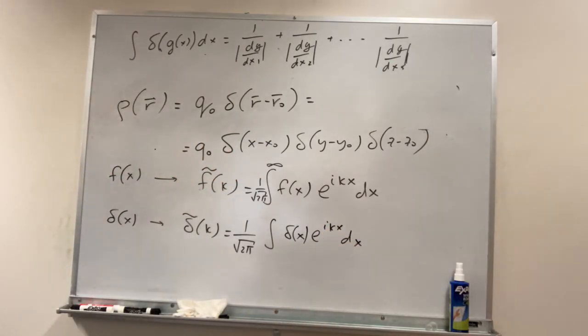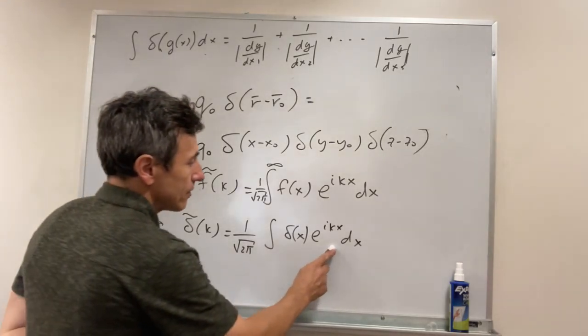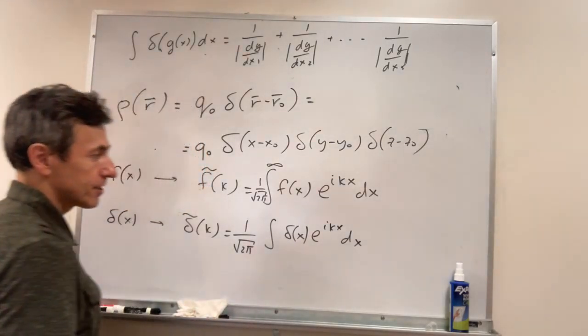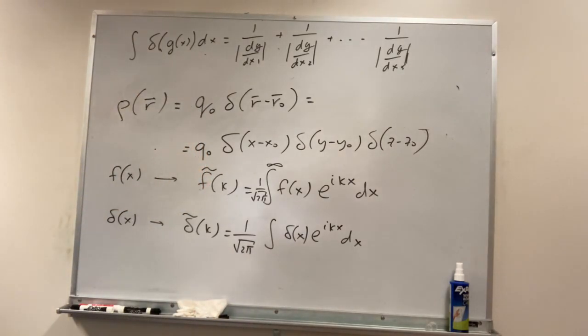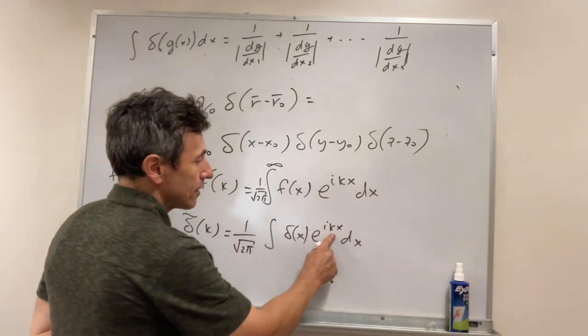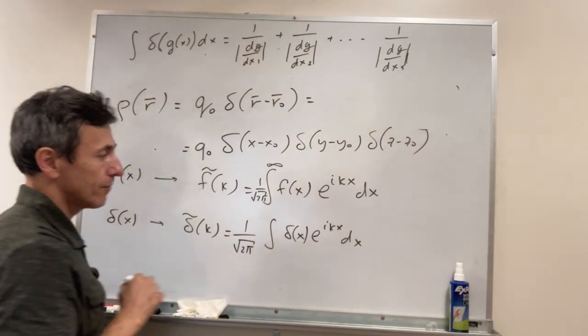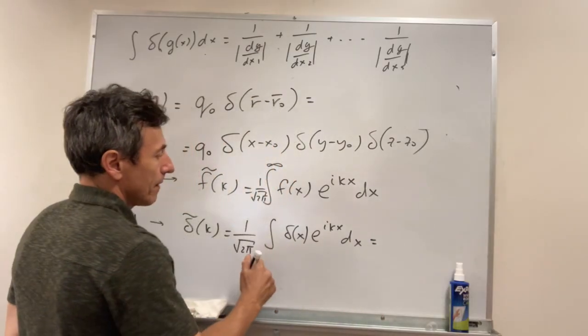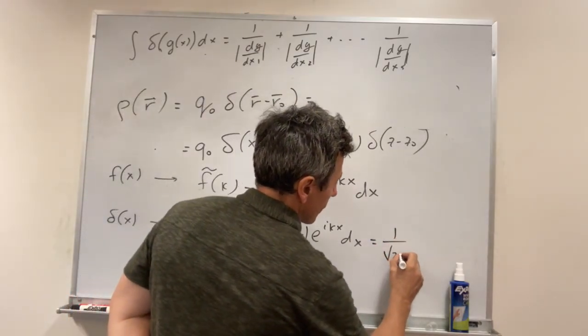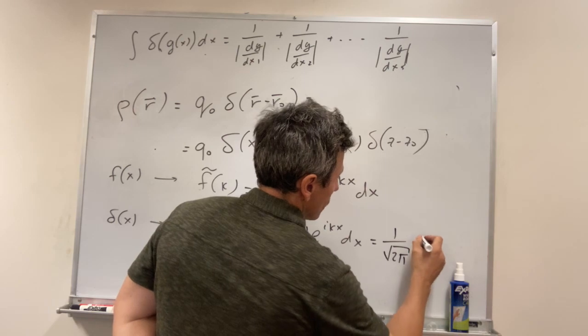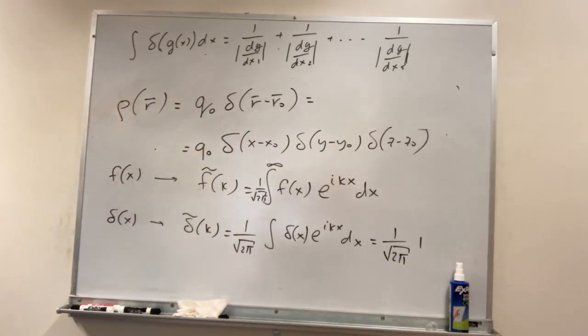We know the property of the delta function: it's a product of the delta function with another function, and when you calculate this integral, we just need to substitute x equals 0 in this other function. So finally it will be just 1 divided by square root of 2 pi times 1. You can see the Fourier transform of the delta function is a constant. This is an interesting property of the delta function.